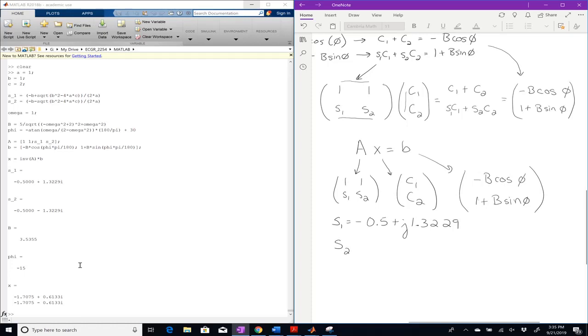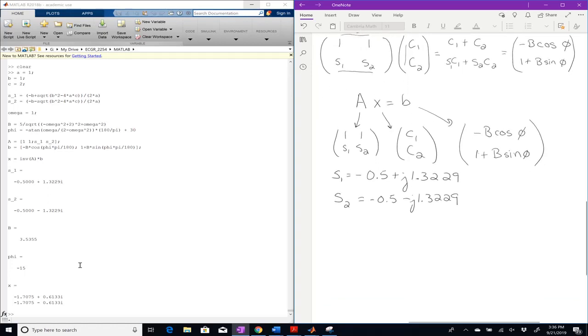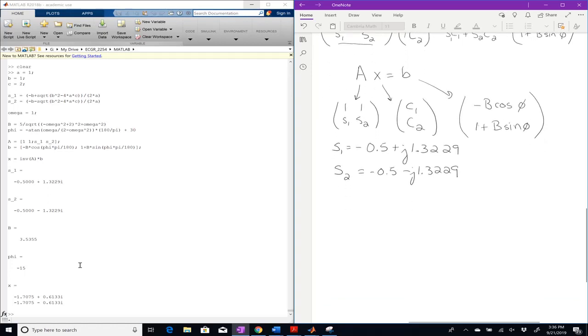And then S2 equals minus 0.5 minus j times 1.3229.